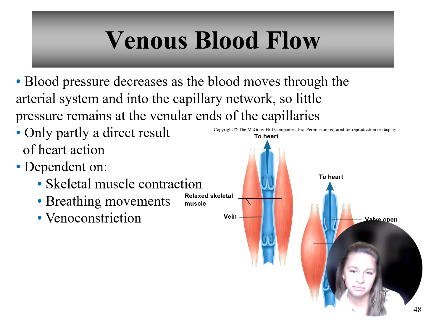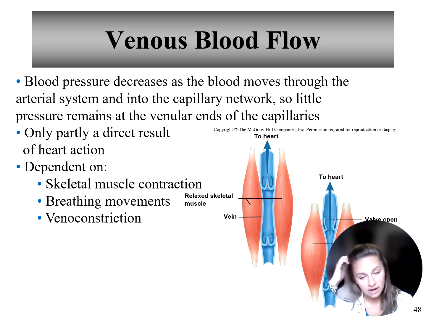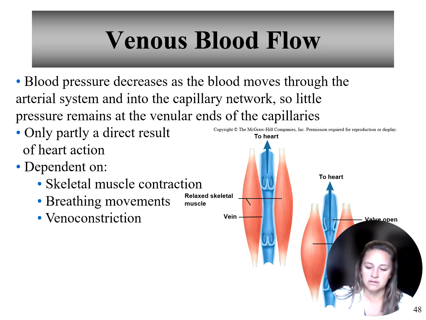So the heart is pumping blood away from the heart. When that's happening, it's also pushing the venous blood back to the heart, but skeletal muscle, breathing motions, and venoconstriction with those muscles, those sphincters around the veins, also help return the blood back to the heart.